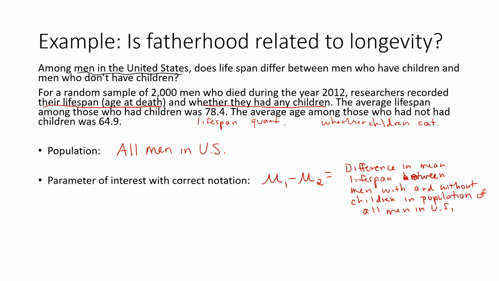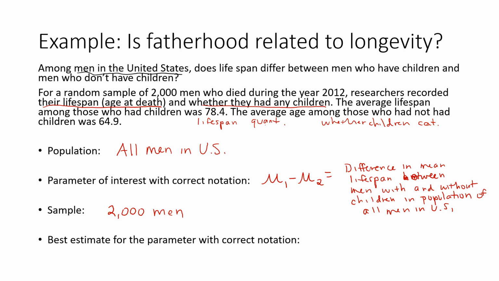Since we don't have that data from all of the men in the United States, we're going to have to use our sample data to estimate it. The sample is the 2,000 men. And the best estimate for the parameter is going to be the difference in the two sample means.